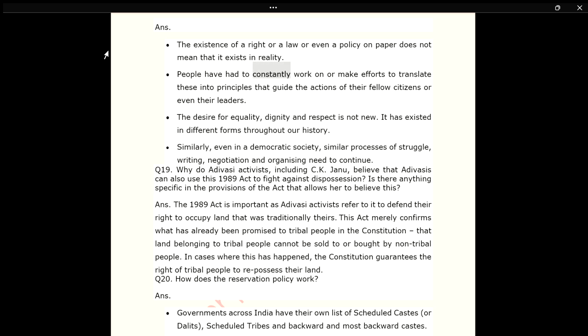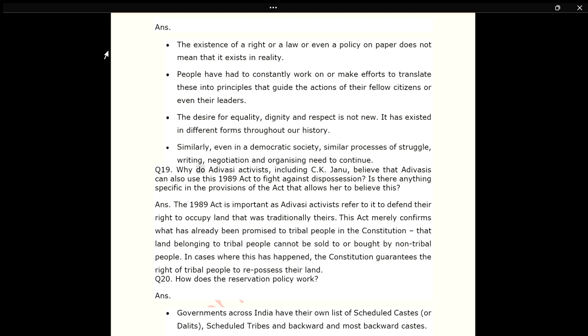People have had to constantly work on or make efforts to translate these into principles that guide the actions of their fellow citizens or even their leaders. The desire for equality, dignity and respect is not new. It has existed in different forms throughout our history. Similarly, even in a democratic society, similar processes of struggle, writing, negotiation and organizing need to continue.